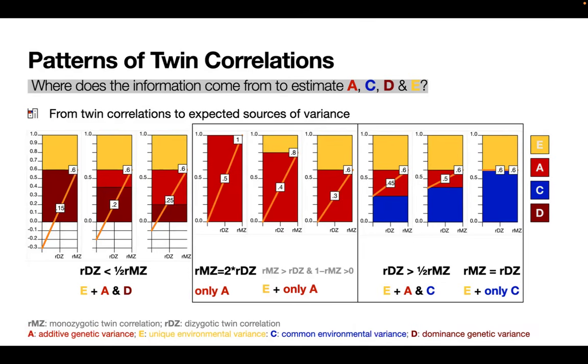And as that DZ correlation is closer to a quarter of the MZ correlation, the variance is more likely to be explained by dominance genetic variance, although the extreme pattern where all the variance appears to be accounted for by dominance genetic variance may not be biologically plausible.